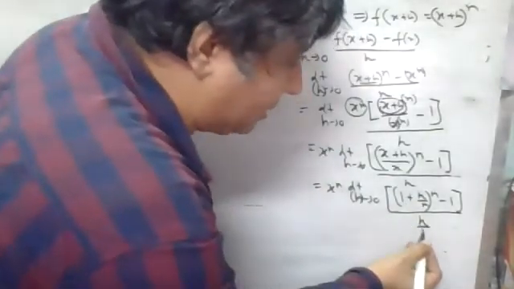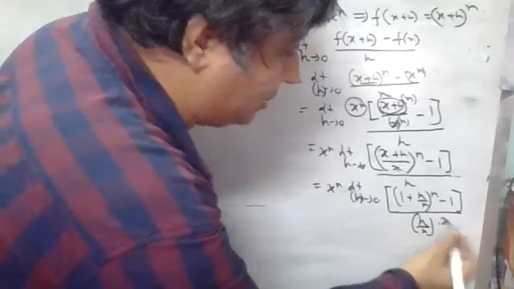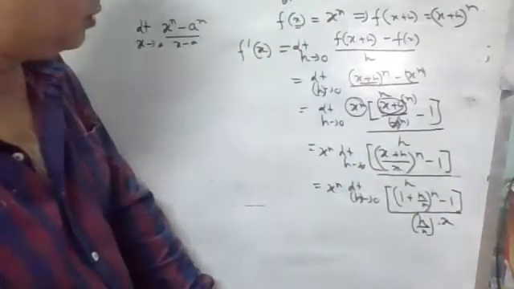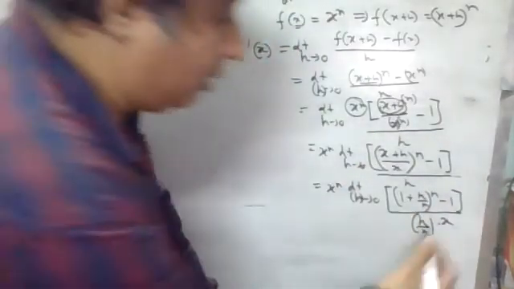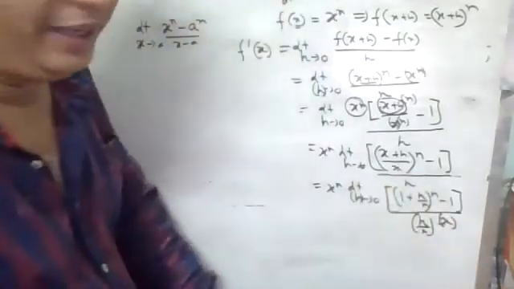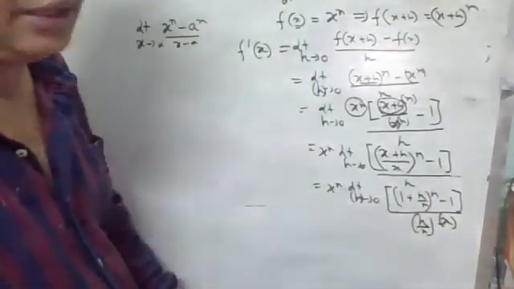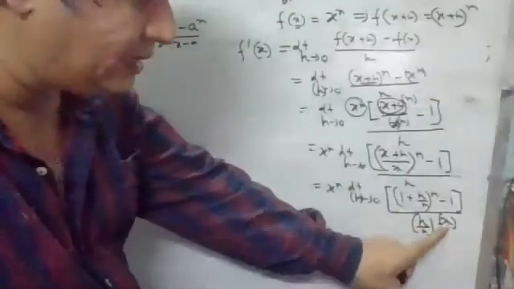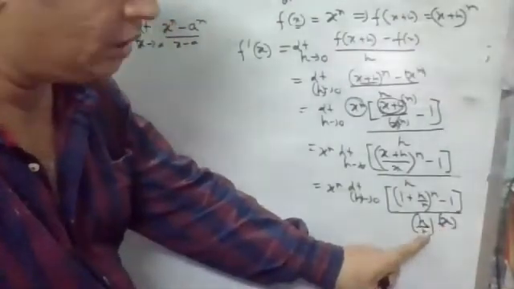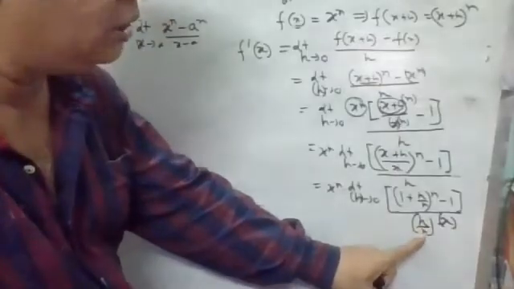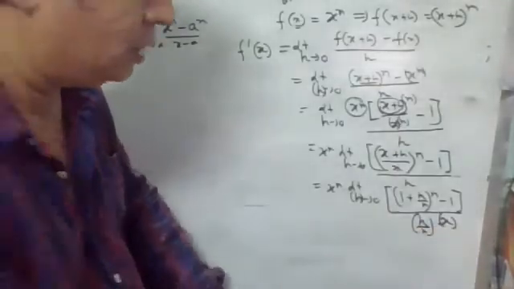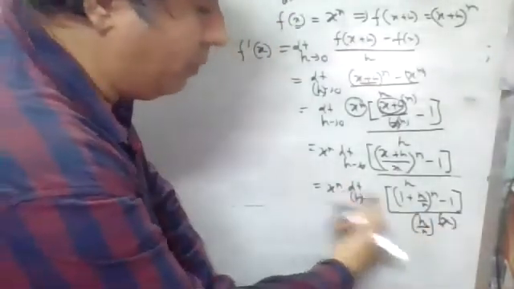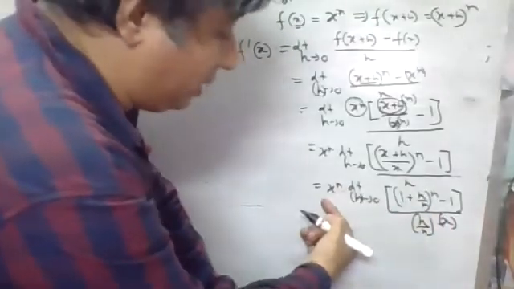So the denominator's h has to be expressed in terms of h/x. So you bring x and, to balance, multiply by x. Now what will I do with this x? One extra x has come in the sum. This x has no role, but this x has a role. That's why I had to introduce it, and to balance I have to multiply. This x, like x^n, will be brought out of the limit.